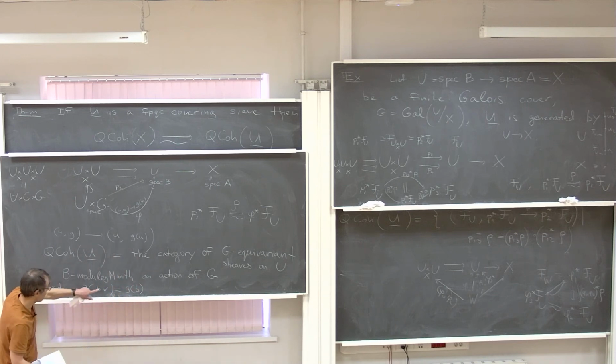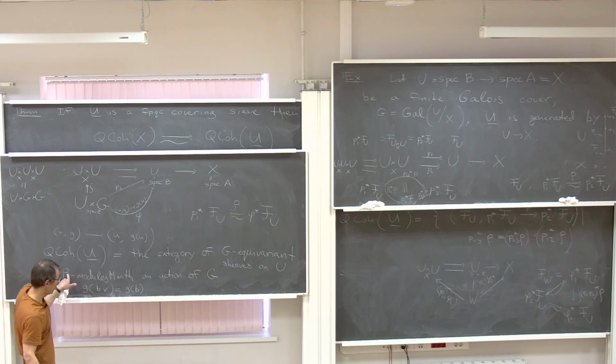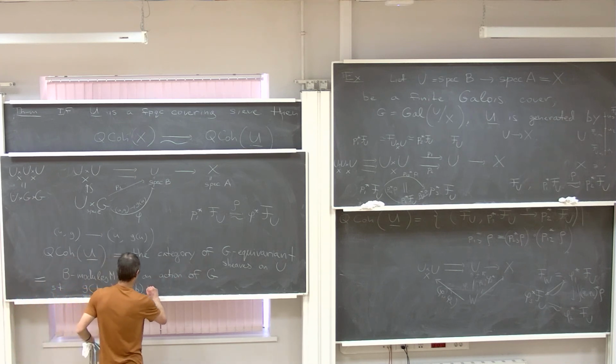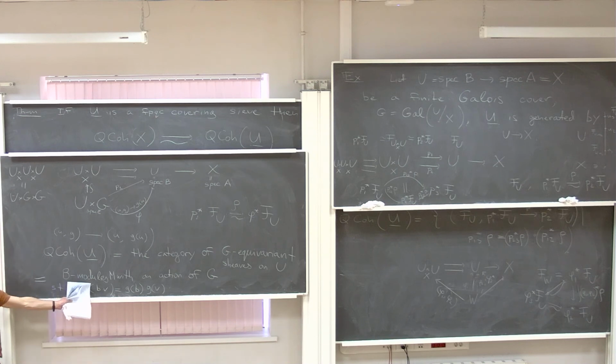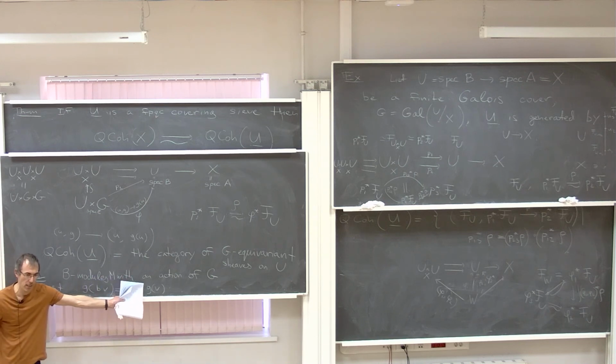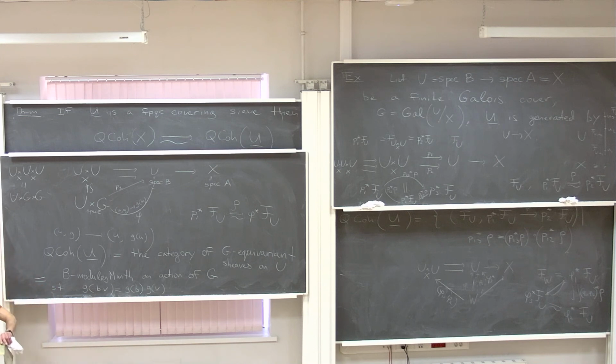So G acts on B times G of M, right? So it's simply a category of B-modules with a semi-linear action of G. Semi-linear means that it's not linear over B. It rather satisfies this condition. Okay?